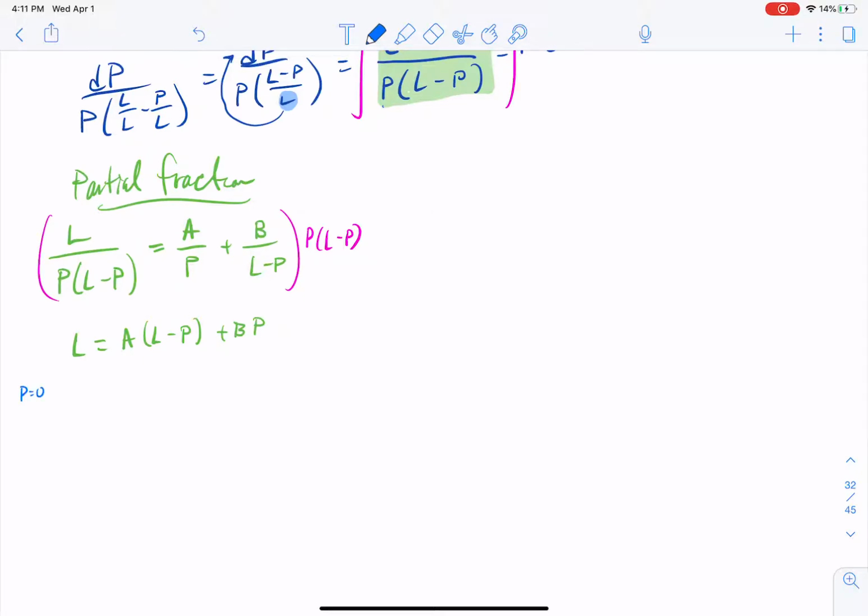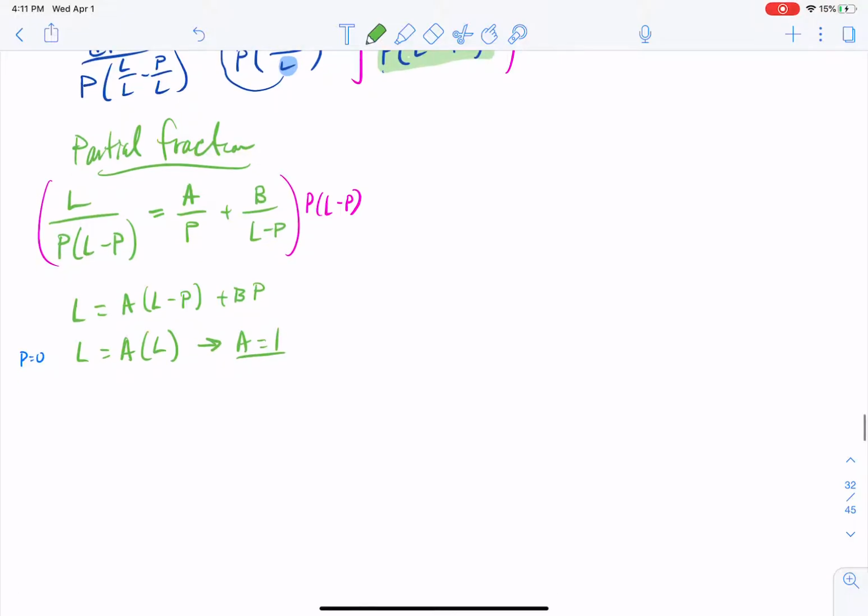If P is equal to 0, then B times P is going to disappear, and I would be left with L is equal to A times L minus 0, which is just L. Then you divide both sides by L, and we get A is equal to 1.